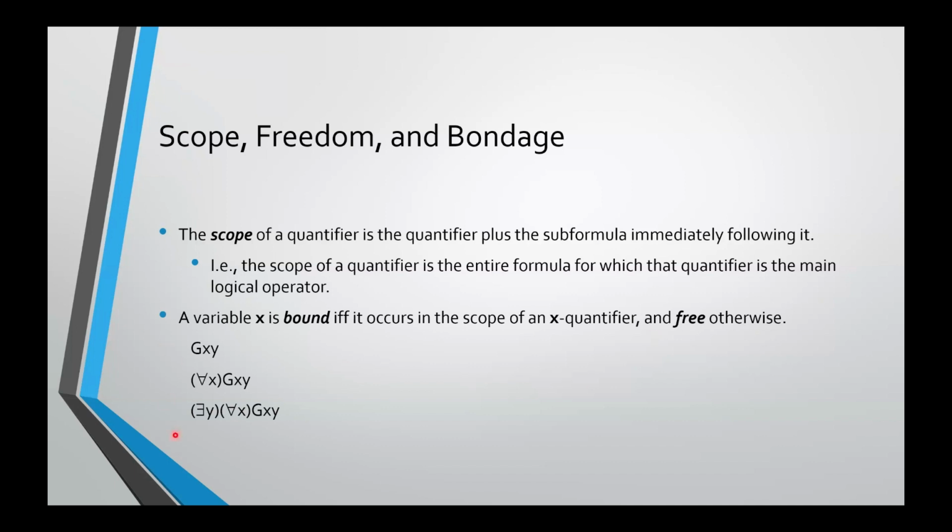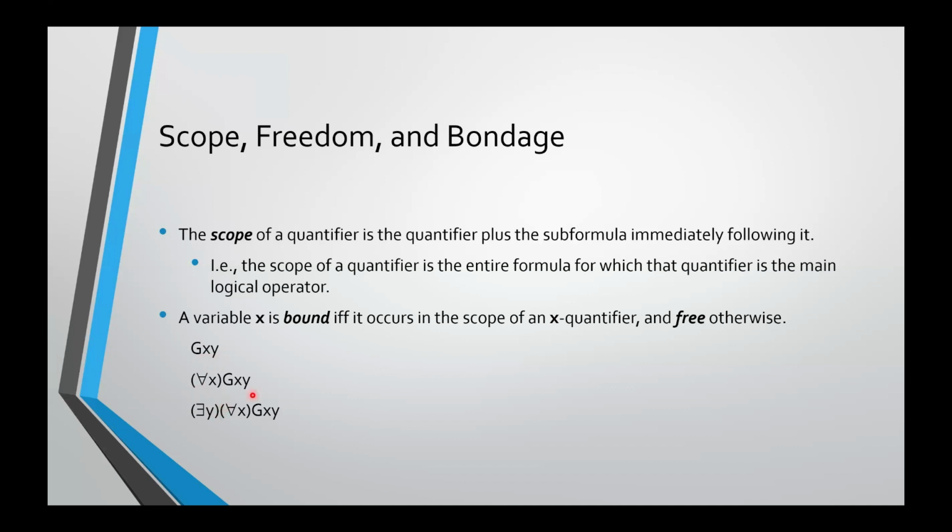So if you look at these three formulas here, sorry, these are not sentences. In this formula here, both of these variables are free. There are no quantifiers that apply to these, so they're not in the scope of any quantifiers at all. So they're both free variables.